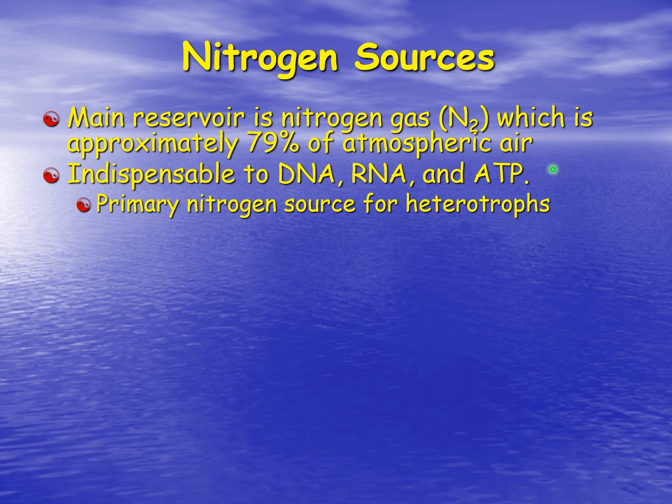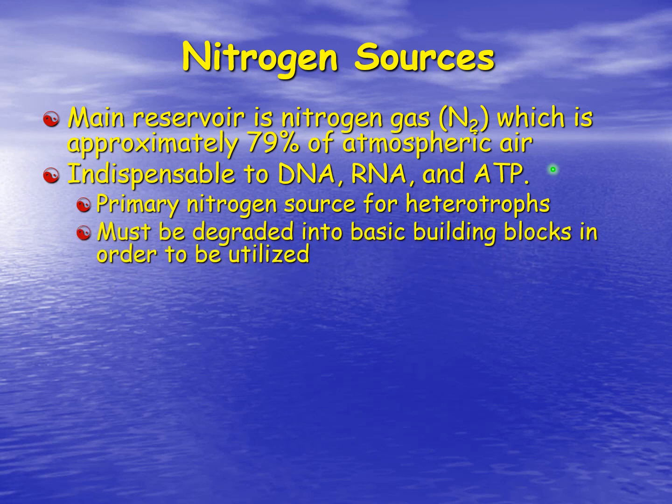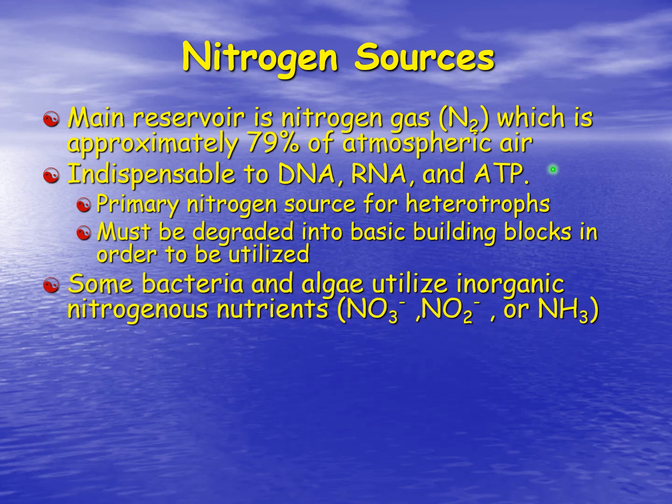The primary nitrogen source for heterotrophs usually must be degraded into basic building blocks in order to be utilized. So primarily for heterotrophs, this is going to be our protein source. Some bacteria and algae, however, can utilize inorganic nitrogenous nutrients, such as nitrate, nitrite, or even ammonia.